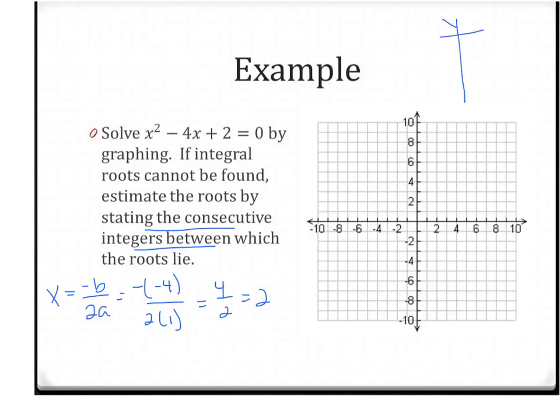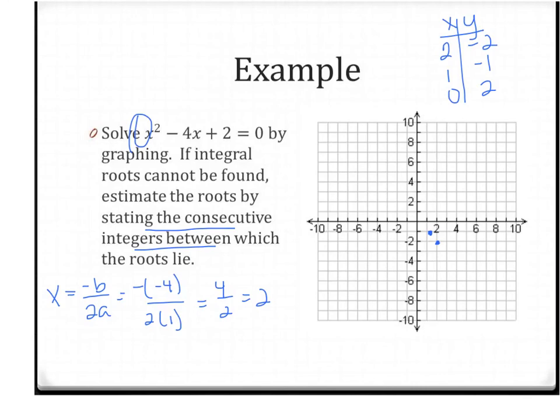Put my table up here: x and y, and my x is 2, so let's plug in 2. 2 squared is 4, minus 8 would be -4, plus 2 is -2. So at 2, -2, and this opens up, so I know that I have roots. Let's try 1. 1 gives us -1, and then 0 gives us 2.